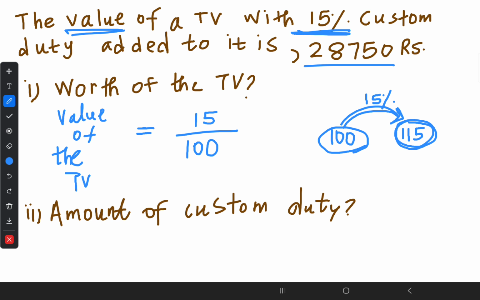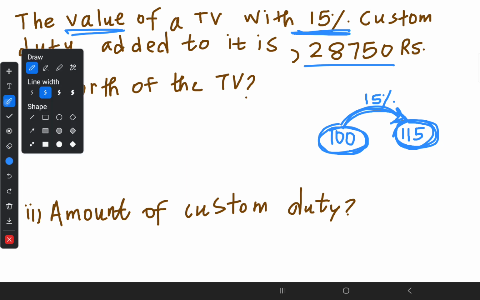But we cannot write like that, because this is not the original worth of the TV. This is the selling price. In the selling price, what do we have? Original worth of the TV plus custom duty both together is 28,750. So in percentages, let's correlate that. The original price of the TV is 100 rupees. With inclusion of 15 percentage tax, it will be sold at 115. Okay, 115. I'll use the ratio method to explain this.